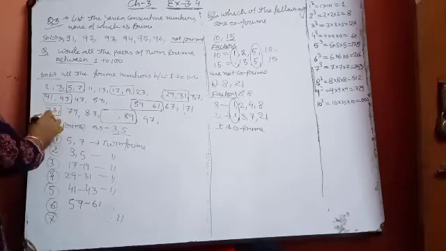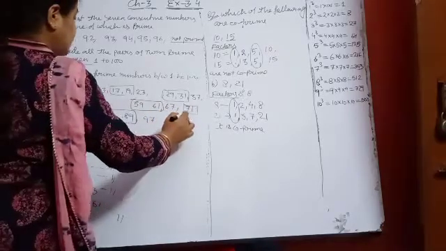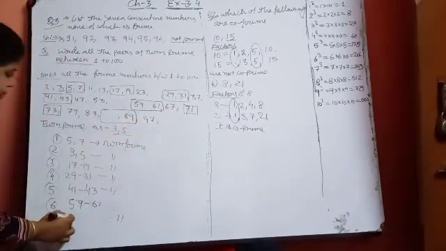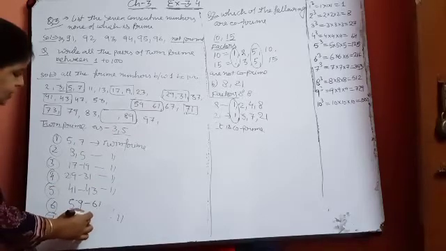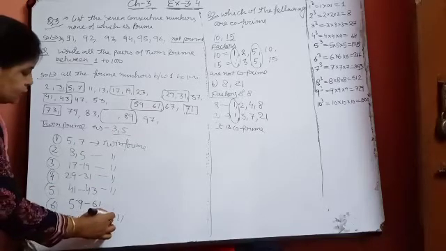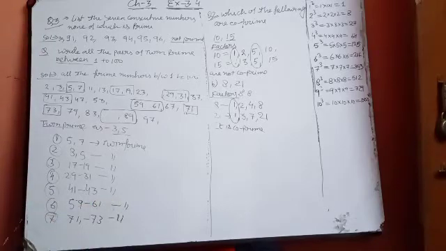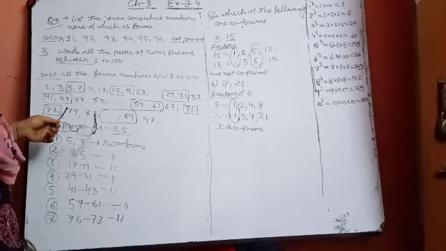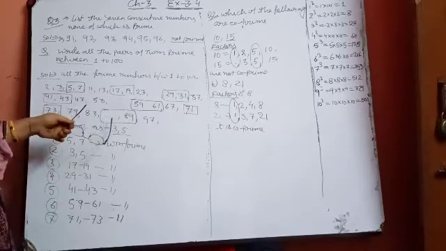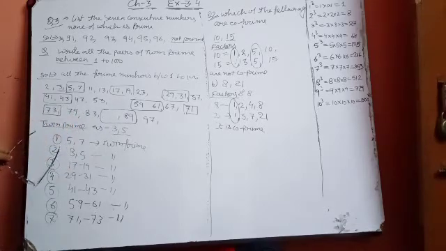Okay. This will be a set of twin prime numbers. Afterwards you can see that no one is a twin prime number. 83, 84, no one is a twin prime. So these are the sets of twin prime numbers.